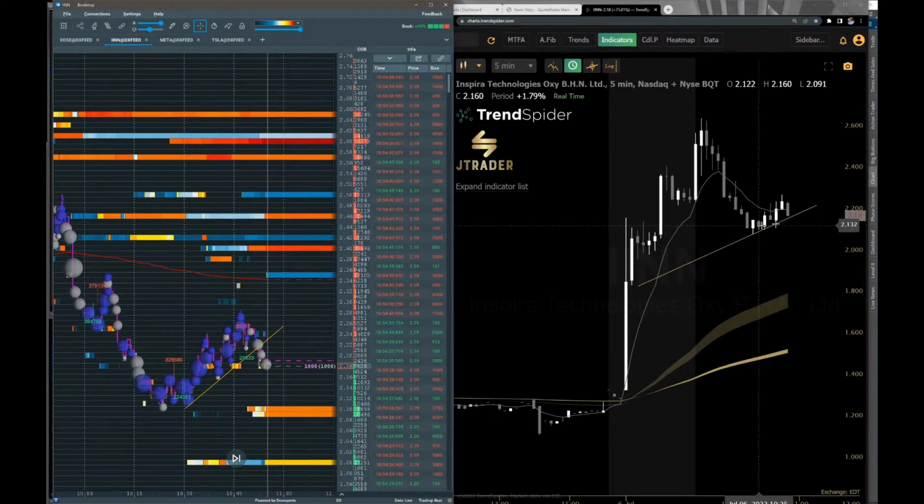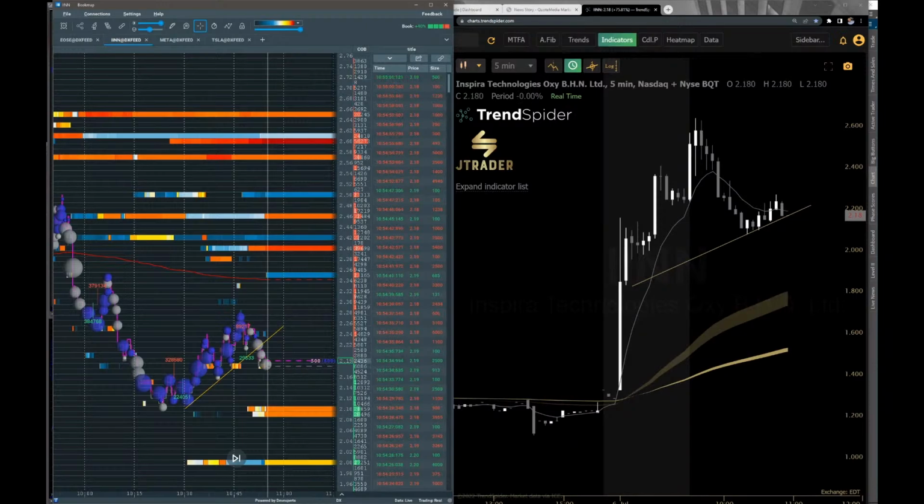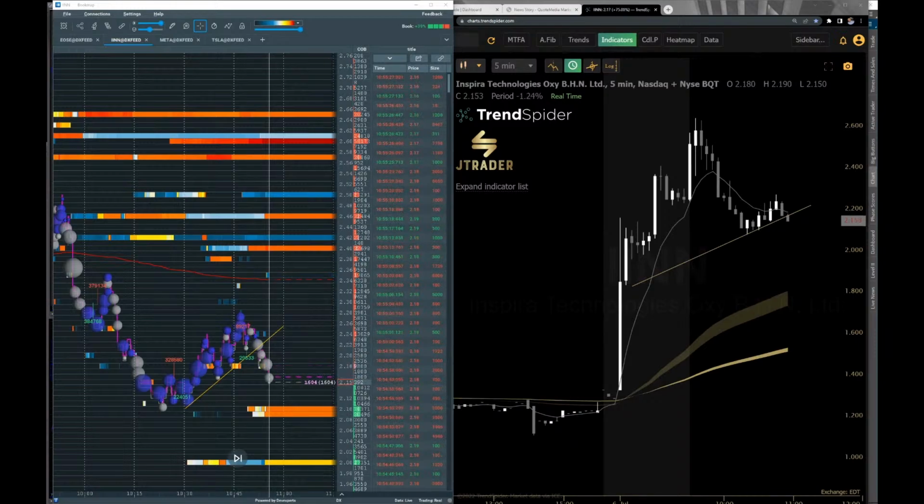Really no buyers. Now a few hundred shares left at 218. 217. So 218 went. No support until 210. So trend line break as well.